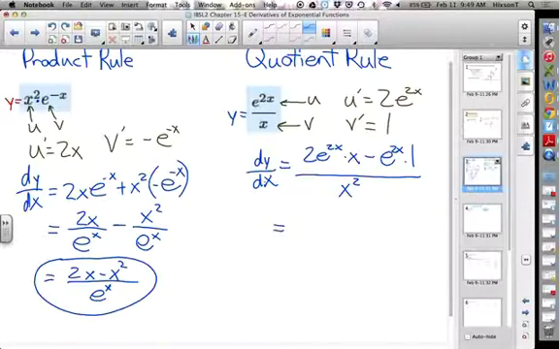So you don't absolutely have to, but you could go ahead and factor out the e to the 2x. And that'll be times 2x minus 1, all over x squared. That may make it a little simpler if we were, say, going to take a derivative of the derivative, or do something else with that in an application, okay?